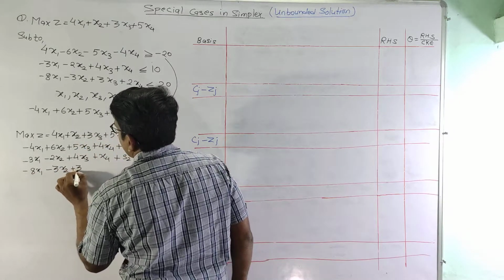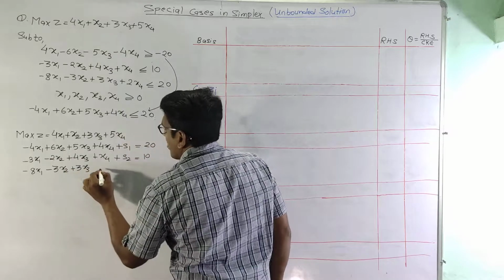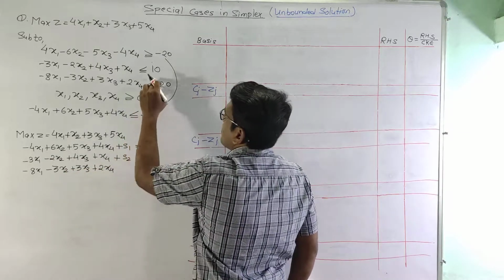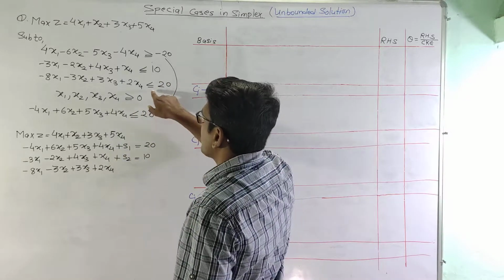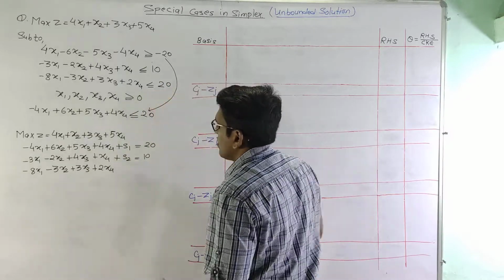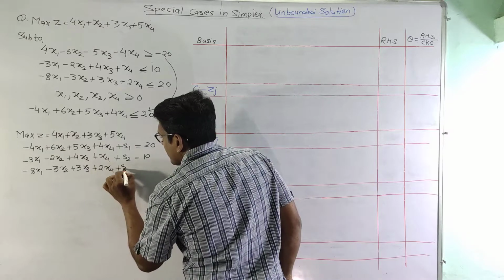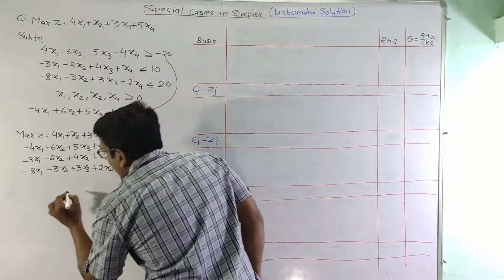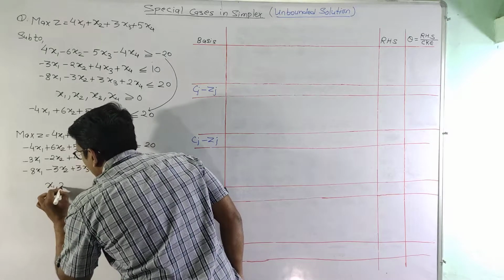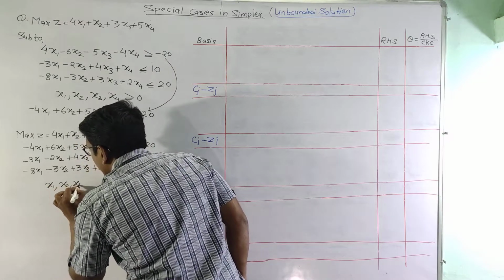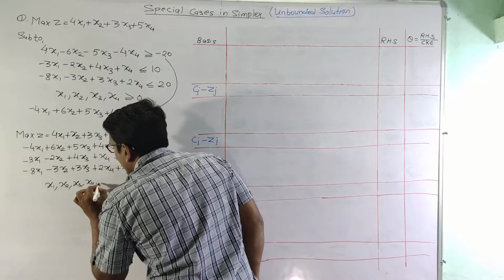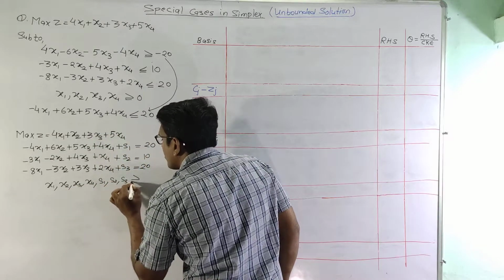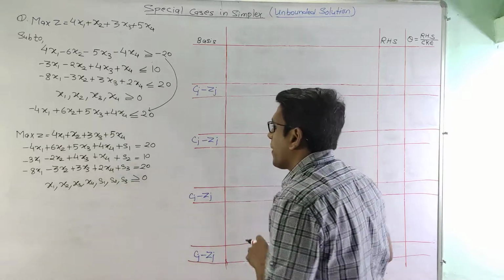And the third equation, that is -8x1 - 3x2 + 3x3 + 2x4. Here also we have a less than or equal to sign, which means we are going to add a slack variable here also. So + s3 = 20, and x1, x2, x3, x4, s1, s2, s3 should all be greater than or equal to 0.